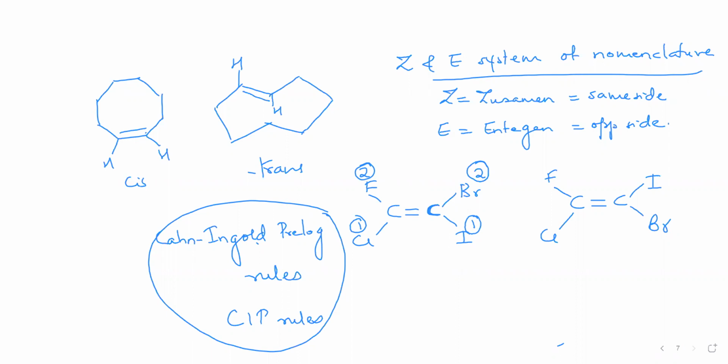If the similar priority groups lie on the same side, then the configuration assigned is Z. And if the similar priority groups lie on the opposite side, the configuration assigned is E. So this is the Z form of the compound and this is the E form. They are a pair of geometrical isomers.